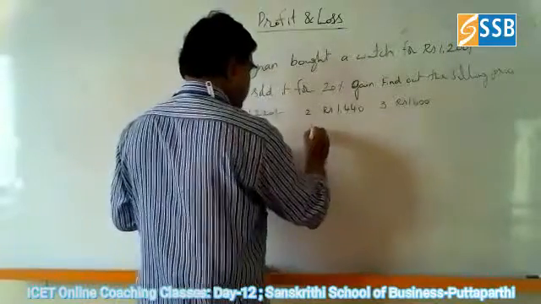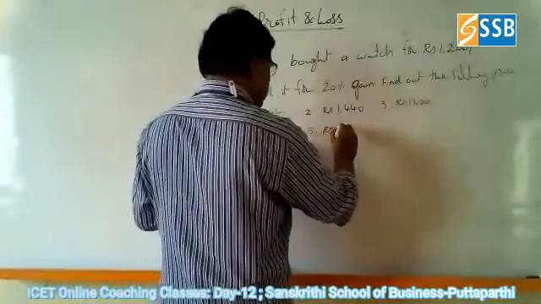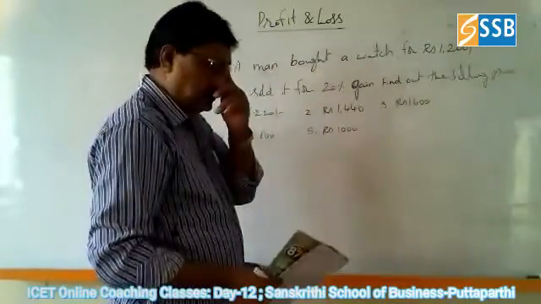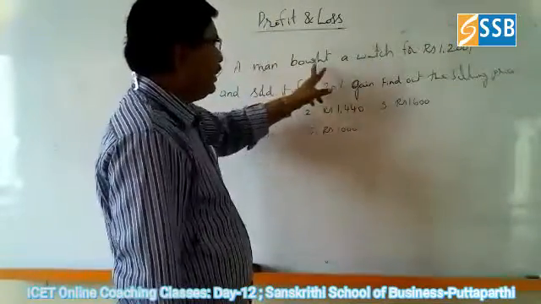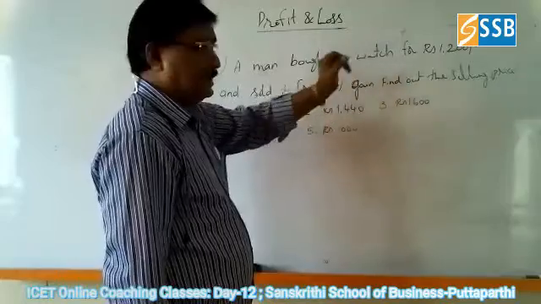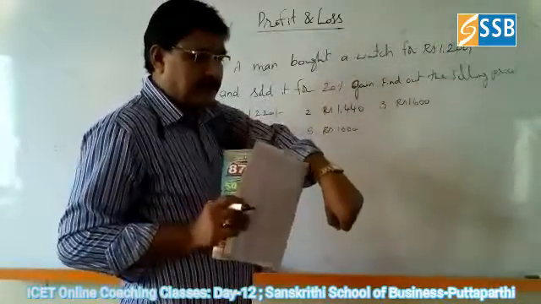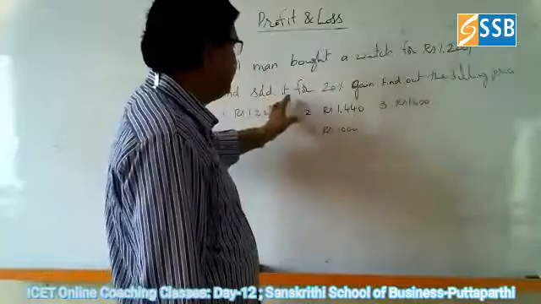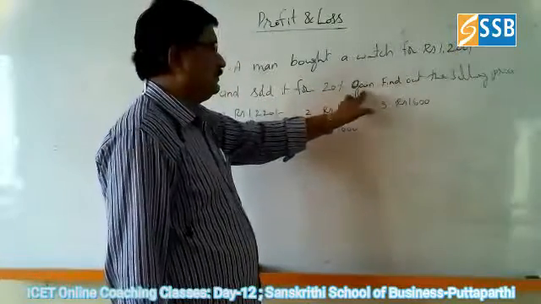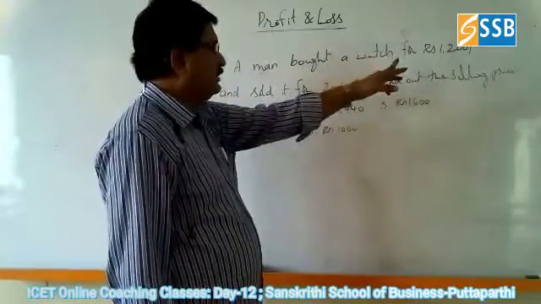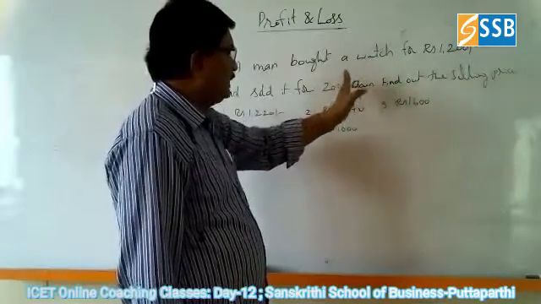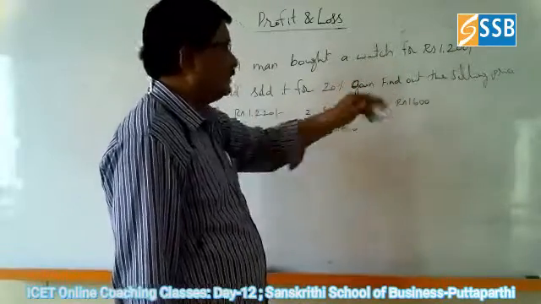And fifth one, rupees 1000. Here, a man bought a watch for rupees 1200. A person purchased a watch for rupees 1200 and sold it for 20% gain. So 20% gain means 1200. He gained 20%. Find out the selling price.